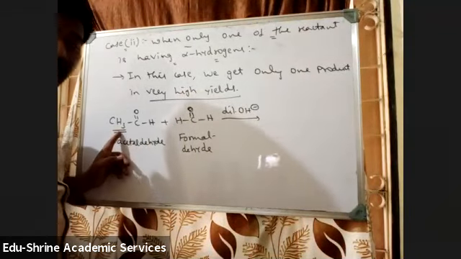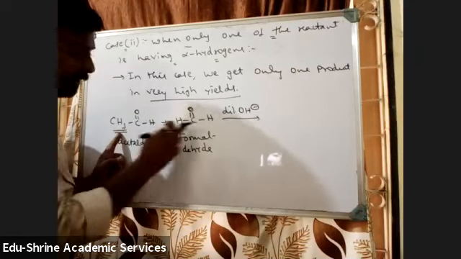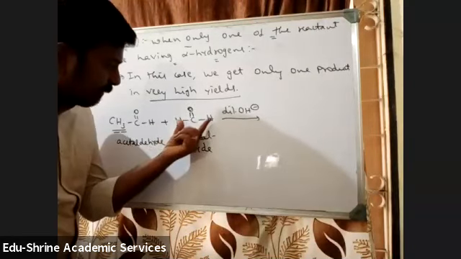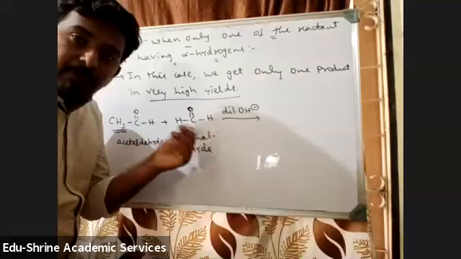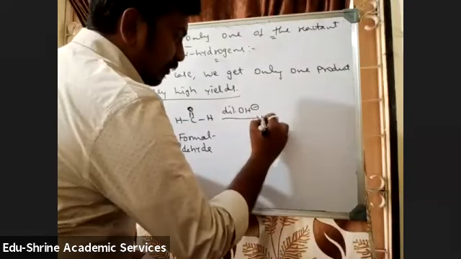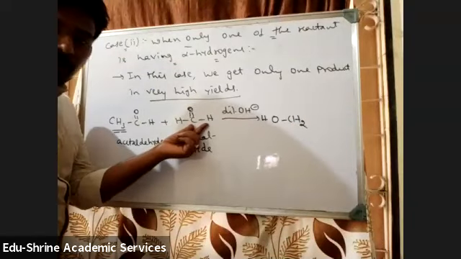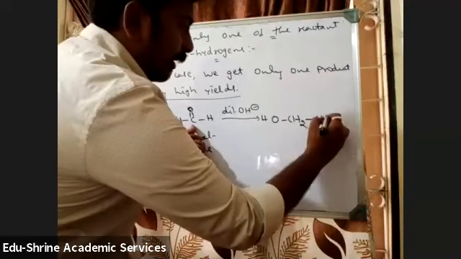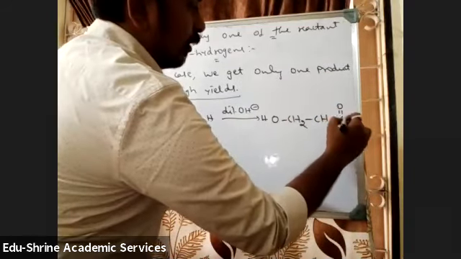So the base is attacking this one, which means definitely this will be giving a carbanion and this must be getting converted to OH. And you can see this carbon atom is containing 2 hydrogens and this C double bond O gets converted to OH. So you will get CH2OH. This negative part will be attacking this carbon atom and it will be converted to CH2. So you will get CH2 C double bond OH.